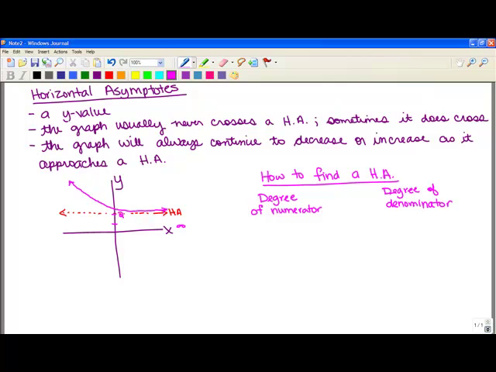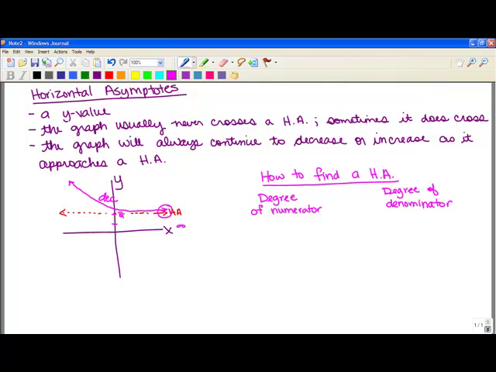Now keep in mind, sometimes a graph does cross a horizontal asymptote, but usually it just follows it along, and it will always, in this particular case, decrease since the function is decreasing. When it gets closer and closer to the horizontal asymptote at the end, it's decreasing by just a small amount.